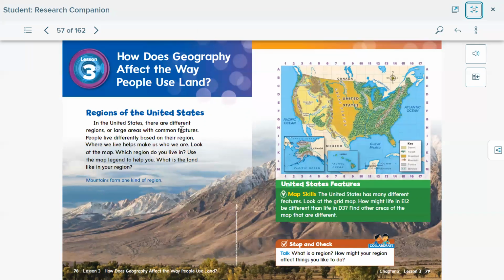In the United States, there are different regions or large areas with common features. People live differently based on their region. Where we live helps make us who we are. Look at the map. Which region do you live in? Use the map region to help you. What is the land like in your region?